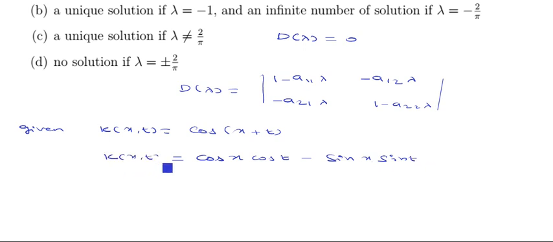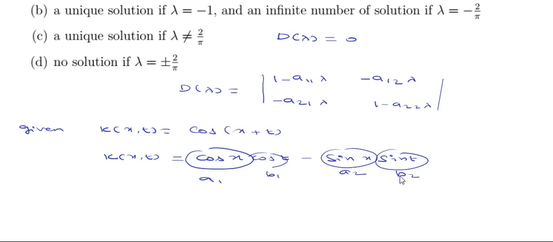We call this a separable kernel because each term is a product of an x term and a t term. So we can take these as a1, b1, a2, and b2.